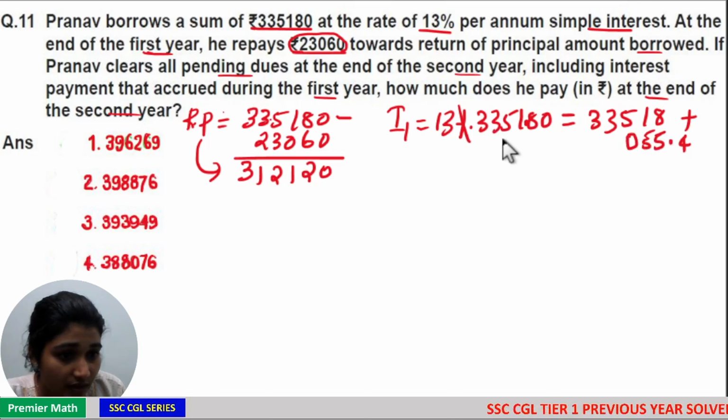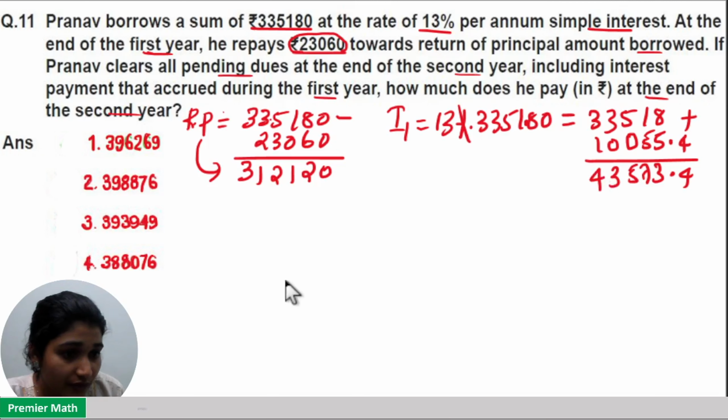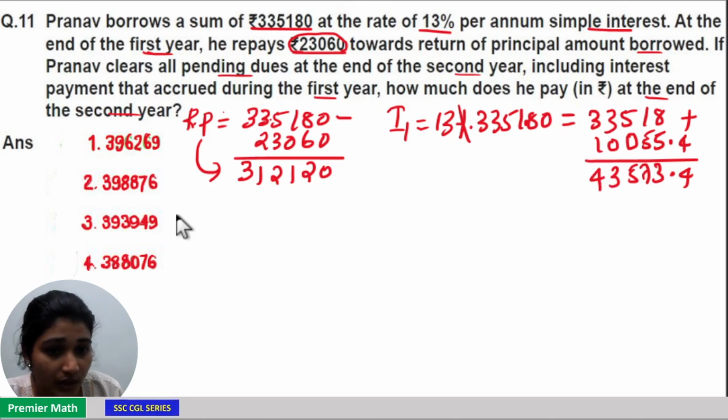If you add up, this is equal to 43573.4.